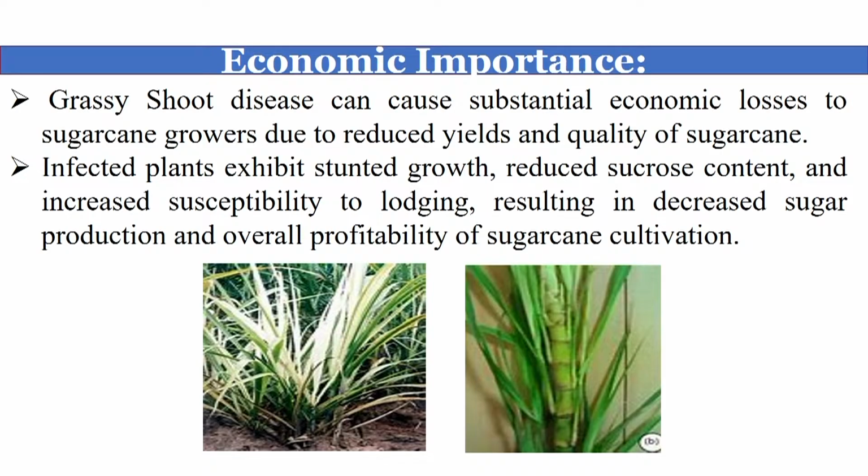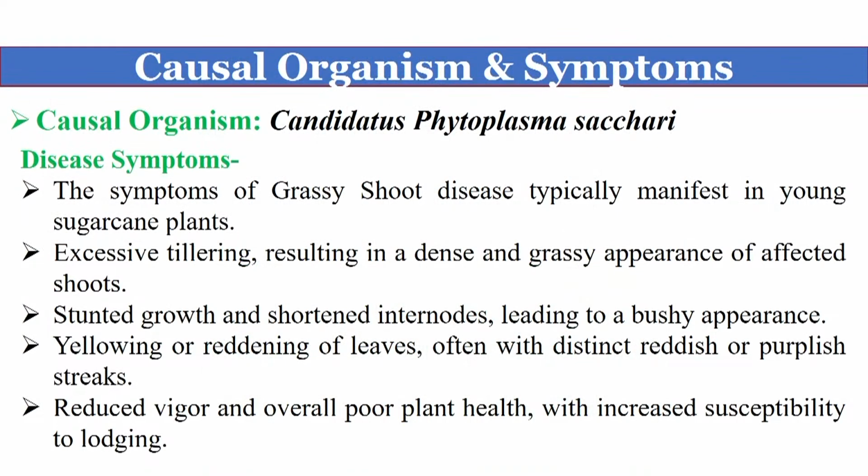Infected plants exhibit stunted growth, reduced sugar content, and increased susceptibility to lodging as well, resulting in decreased sugarcane production, and the overall profitability of sugarcane cultivation may decrease. So it is very important to understand the grassy shoot of sugarcane.